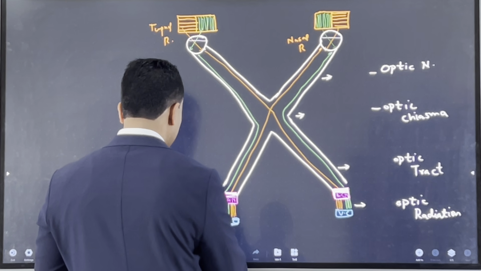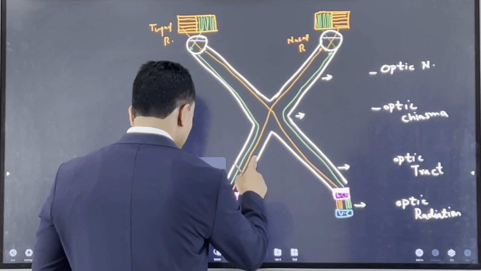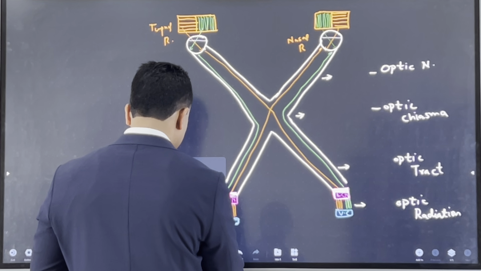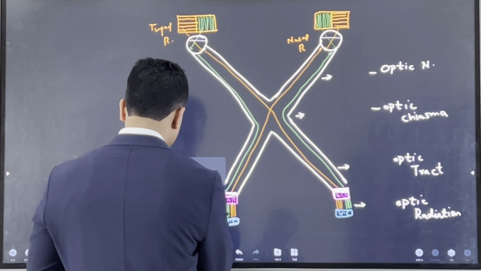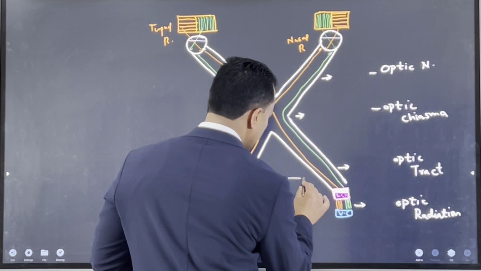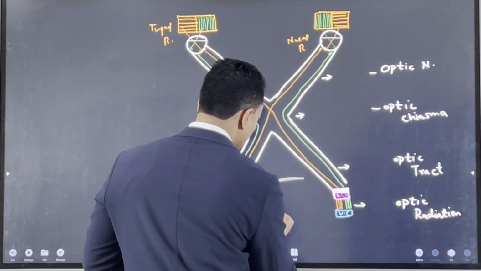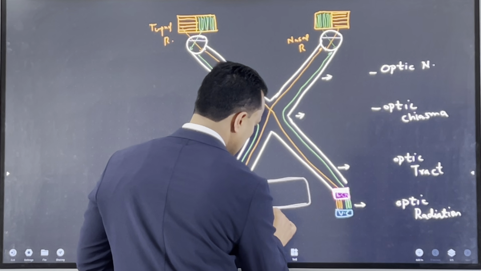But how does this constriction of the pupil work? Some light fibers from the optic tracts will enter the midbrain. Suppose here we have this part of our structure, the midbrain.